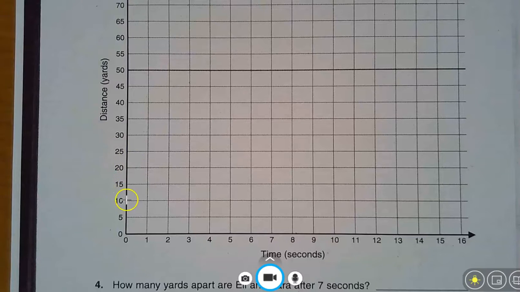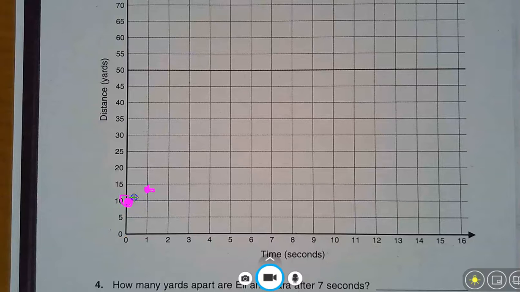Sarah was at 10 yards at the beginning. So I would make a beautiful big old dot at 10 yards for Sarah. Then, after 1 second, so here it shows 1 second, Sarah has gone 4 meters. So my dot for Sarah is not quite up at 15, it's just a little bit below.